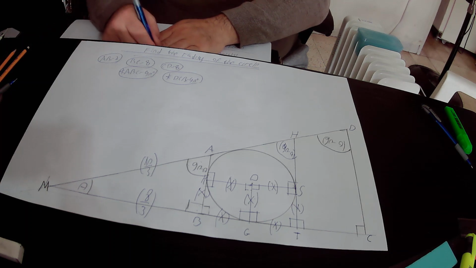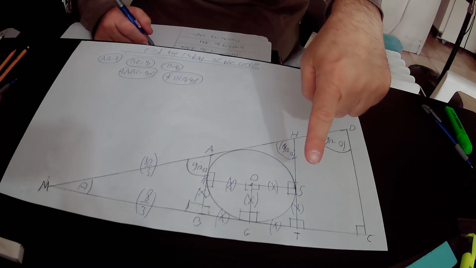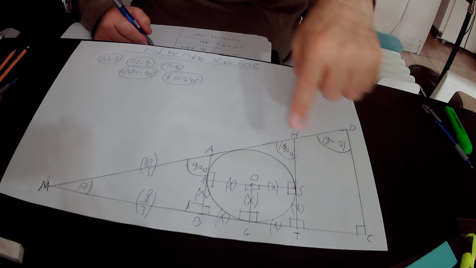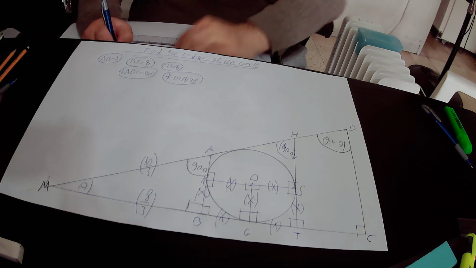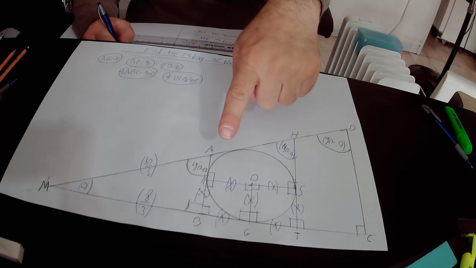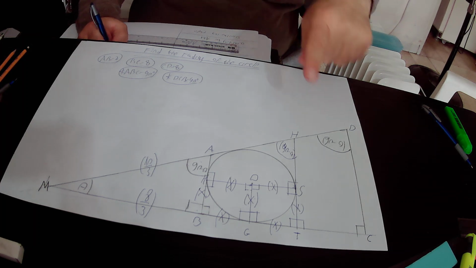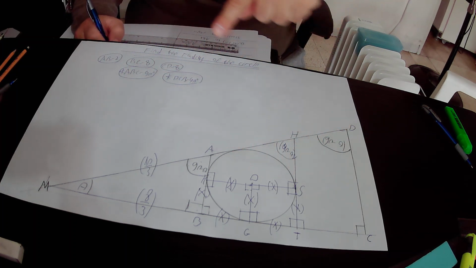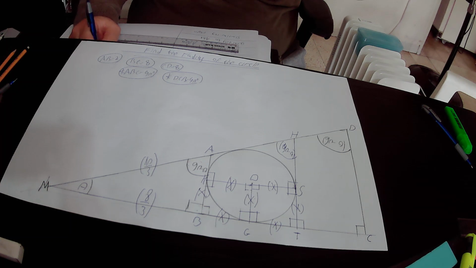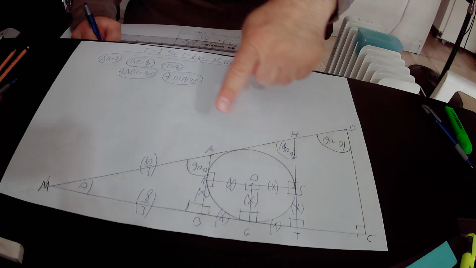We will derive that side HT in the big right triangle HTM over side AB in the small right triangle ABM equals side TM in the big right triangle HTM over side BM in the small right triangle ABM.